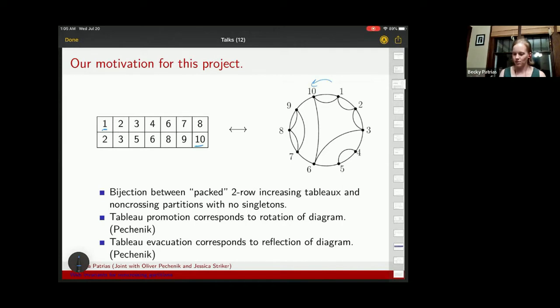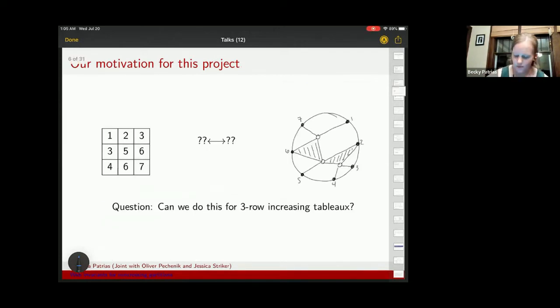That's pretty good. But we're going to run into issues when we move to 3 rows. The issue is that we don't have an object to biject with. We have these 3-row increasing tableaux, and we want some kind of object on the right-hand side to give us a bijection.